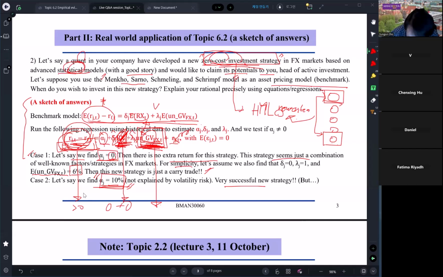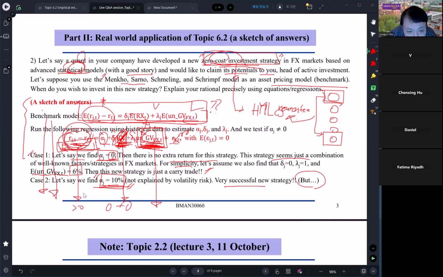Now, I need to put this note here. The important thing about this question is why you are using this model as a benchmark model. Is there any reason for that? I talked about almost the same thing in topic 5. Once you decide which model is going to be the benchmark model, after that, all the processes are almost exactly the same.